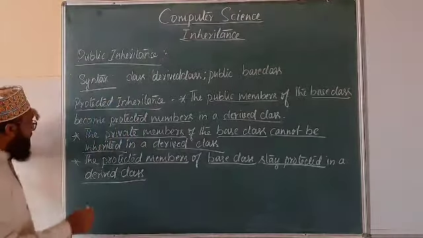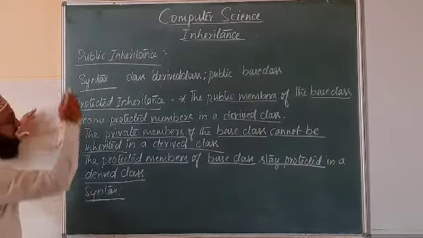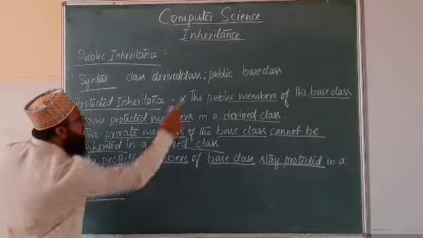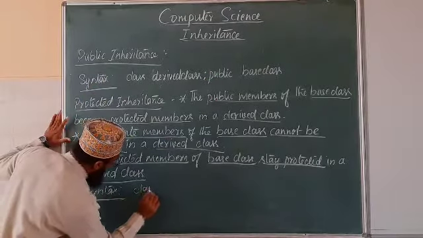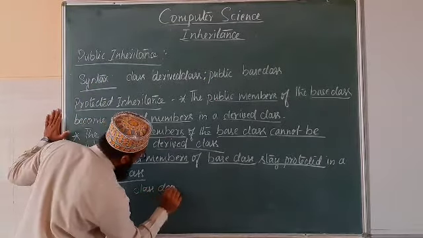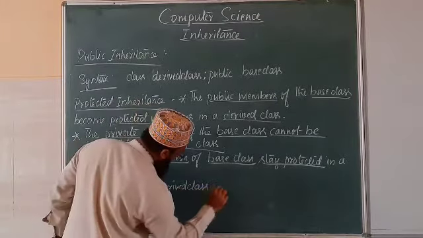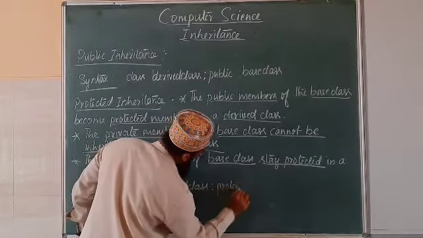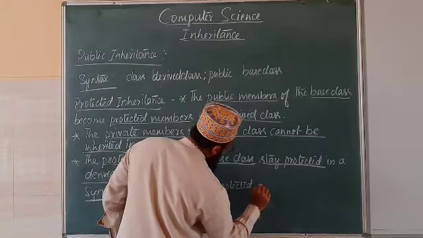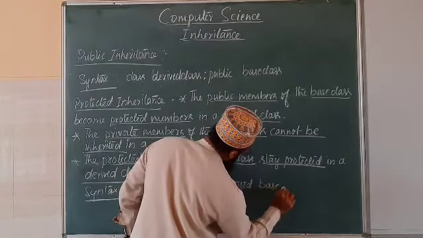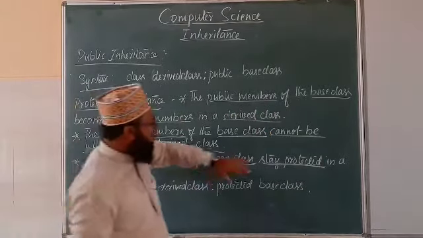So here I can write the syntax. Same thing we can write. No need to change anything, but in the place of public we will write protected. Class, derived class, protected, then base class.